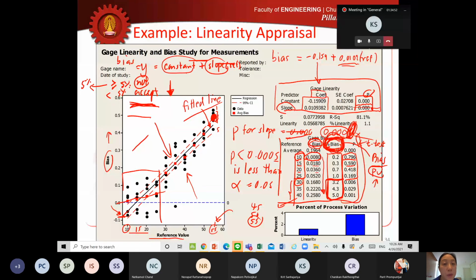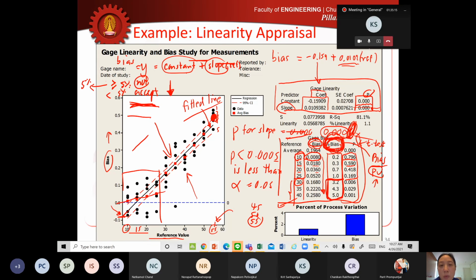Because the percentage of bias over process variation is exactly 5%, which is equal to the criteria for making acceptance, it falls to the conclusion that we will not accept it.